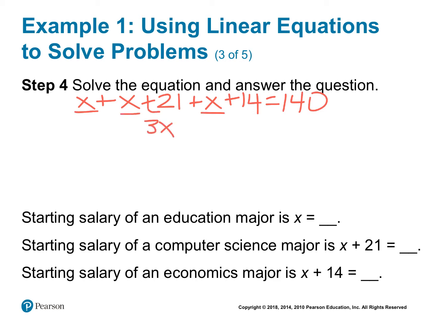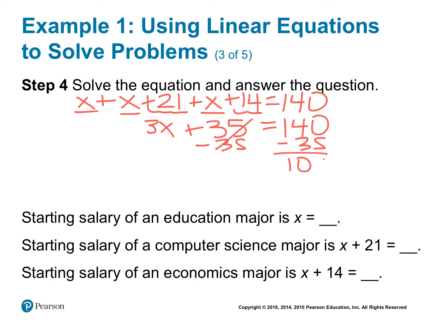We add our 21 and our 14 together to make 35, and that equals 140. Minus 35, that's 105 equals 3x. Divide by 3, so our x equals 35.